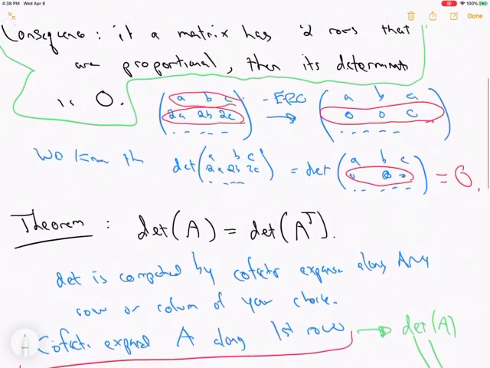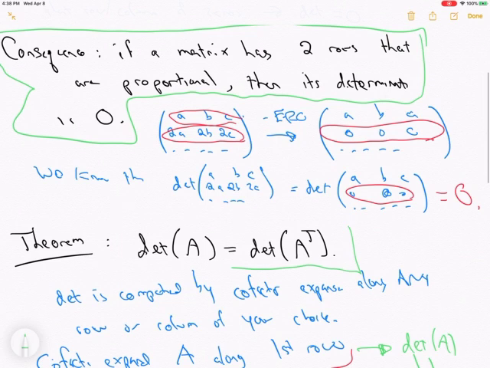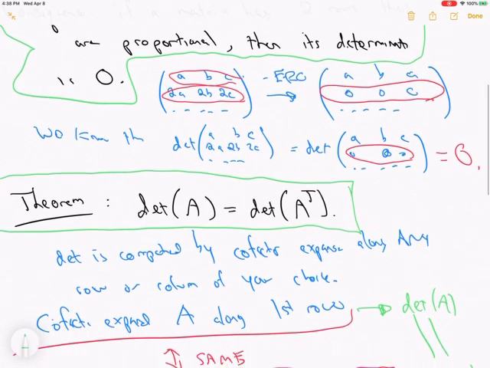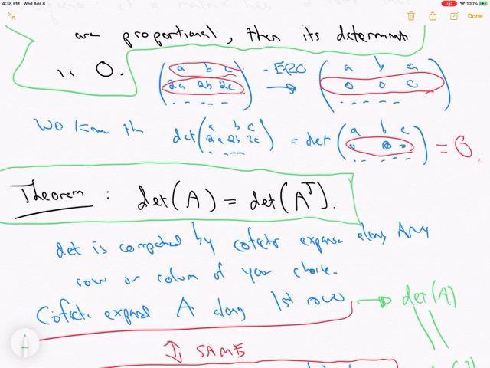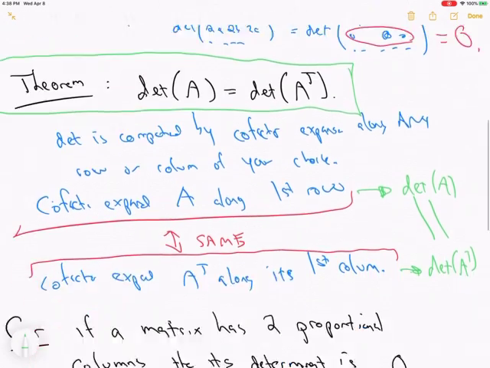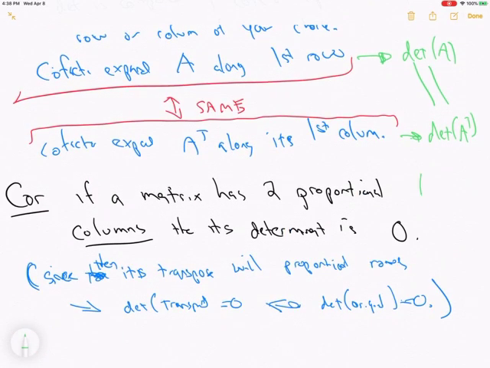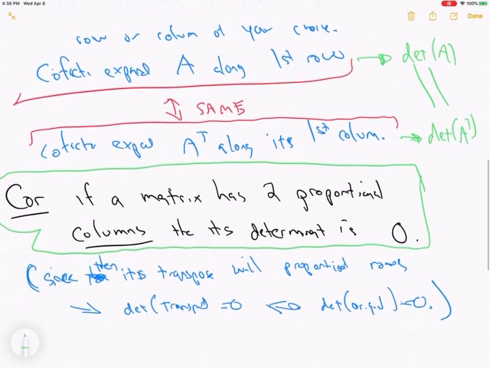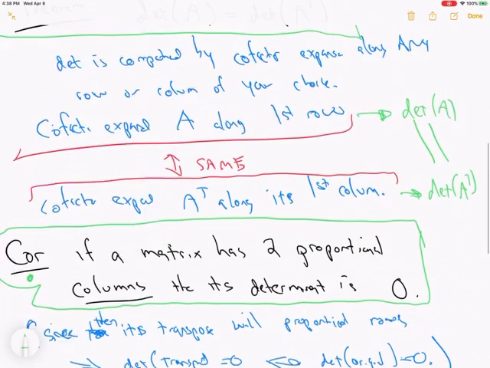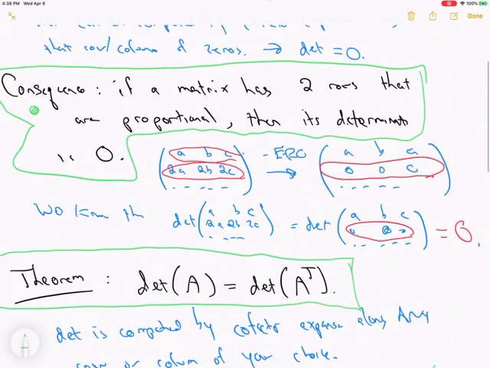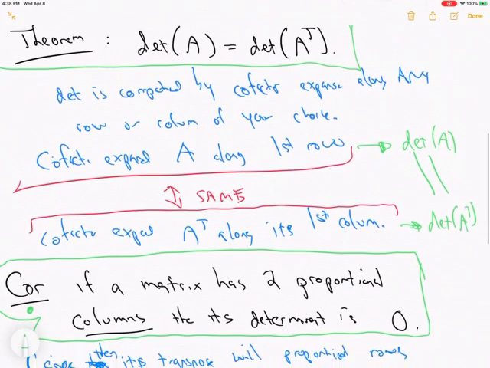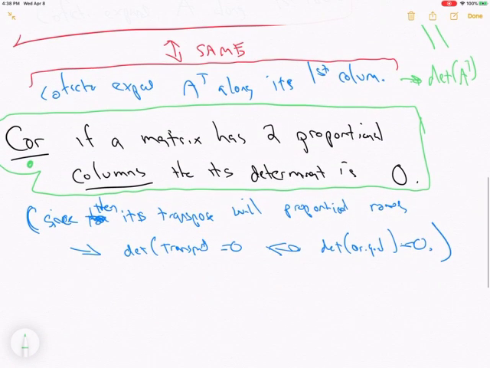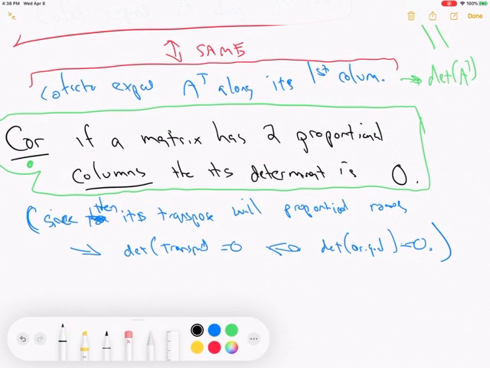There's also this result, which we could have shown right away when we introduced the cofactor expansion, that the determinant of a matrix is equal to the determinant of its transpose, and that implies that if a matrix has two proportional columns, then its determinant is 0. So you can summarize this by saying that if a matrix has two proportional rows or columns, then its determinant is 0. Okay.